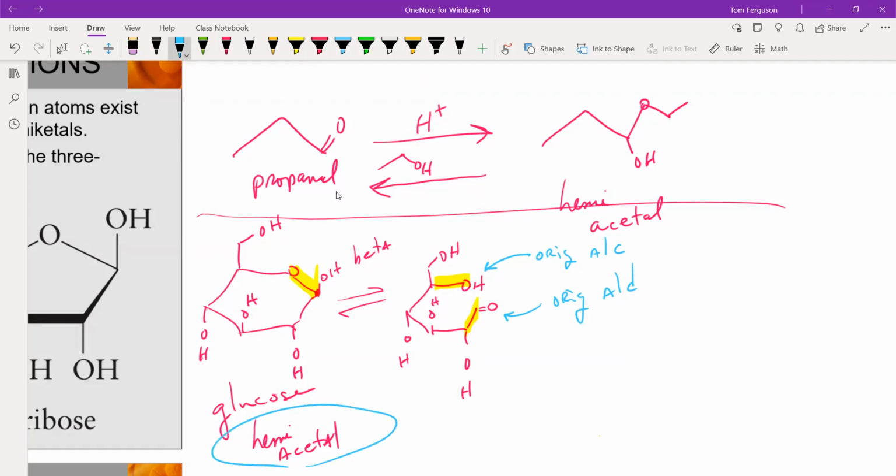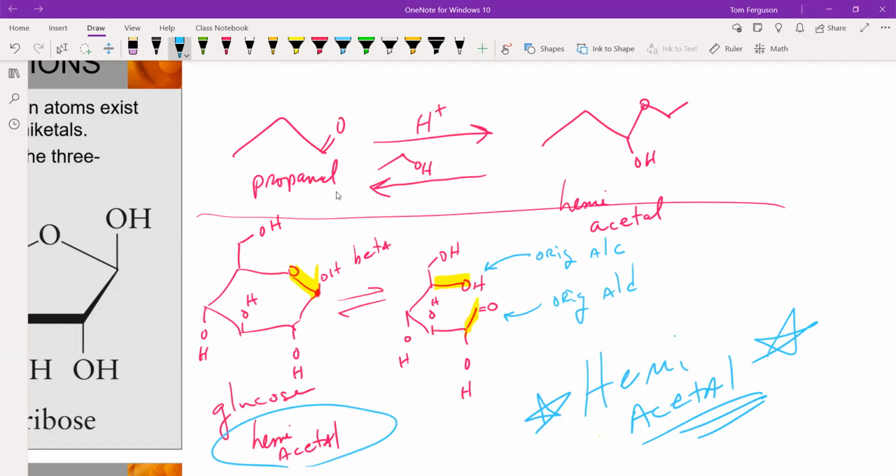Some sugars are not hemiacetals. If it's a hemiacetal, I need to stress this. If it's a hemiacetal sugar, it can open up. Okay, and this is how it does it. Hemiacetals can go back to the original aldehyde and the original alcohol from which it was formed.